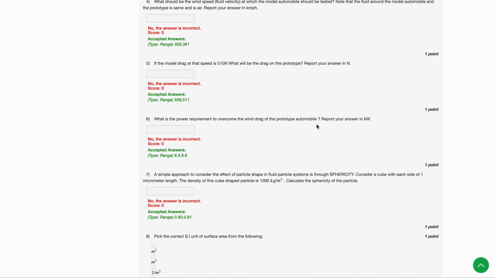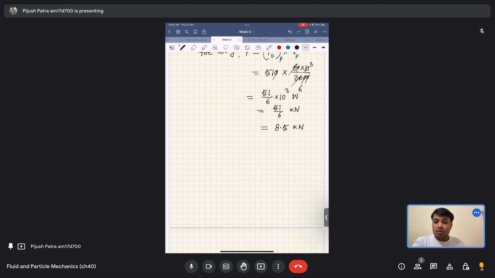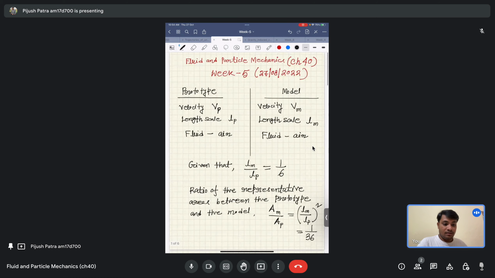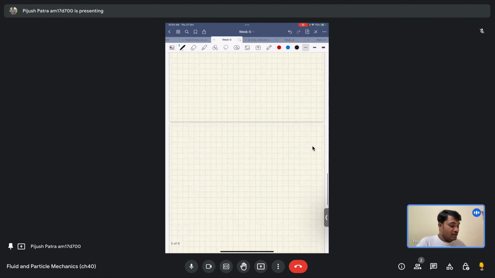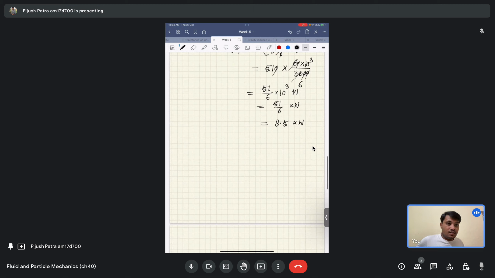So it is 8.5. 8.5 kilowatt. That's the answer. Yes. Okay. So this is as simple as that. There is no difficulty. Now let's move on and we'll go to the next problem.